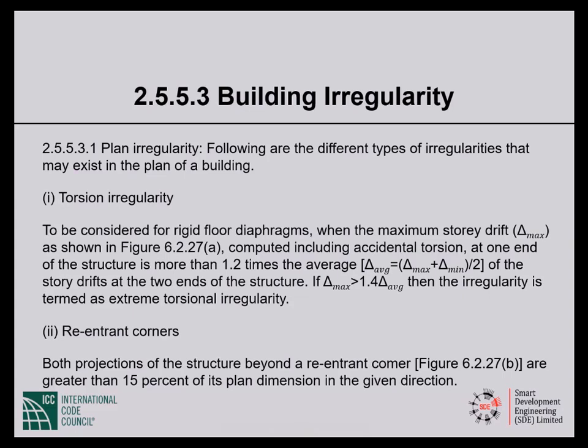Now, 2.5.5.3 is part of part 6, chapter 2 of BNBC. I found that in part 6, chapter 1, there are also tables of structural irregularities. And I do not understand it, first of all.